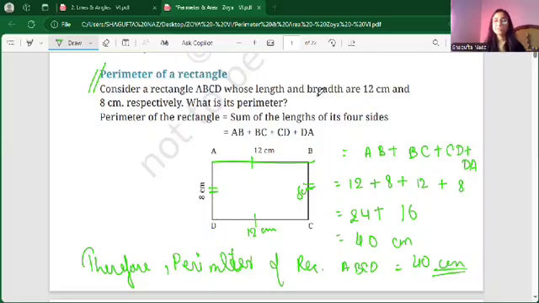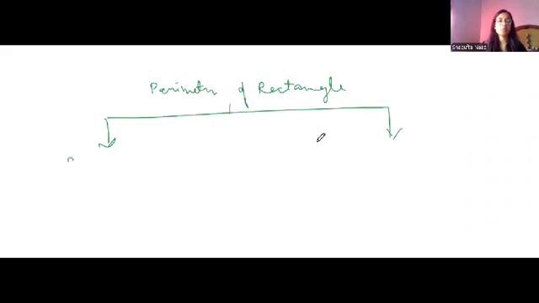So basically we have two methods to find the perimeter of a rectangle. What will those methods be? Let's discuss that. The perimeter of a rectangle has two methods: one is the sum of all sides, and the second is the formula method.